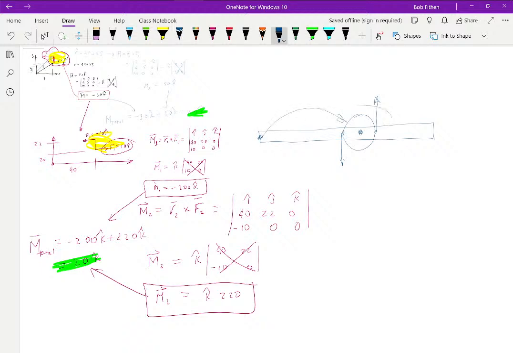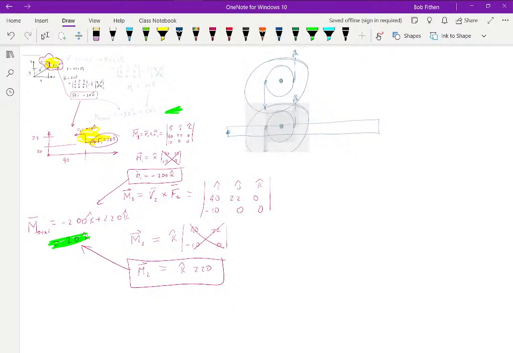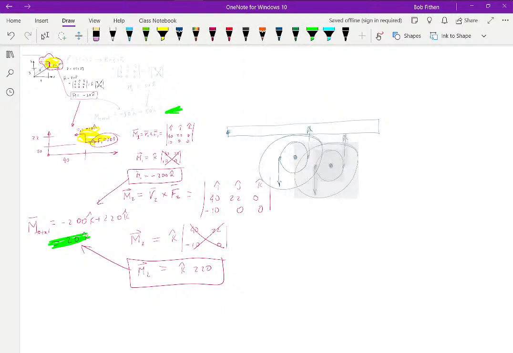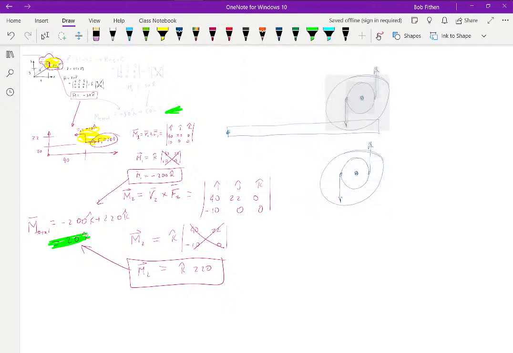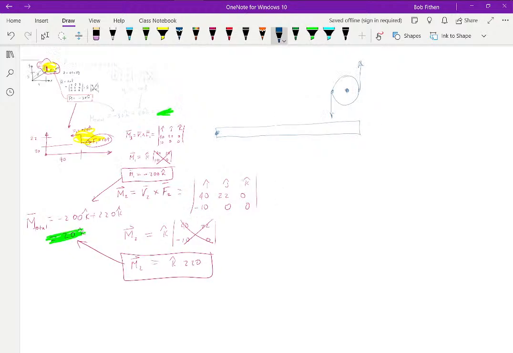It does not matter where that is placed. It could be placed here, it could be moved here, it could be moved pretty much anywhere that is producing the same moment about this point that all of these are.